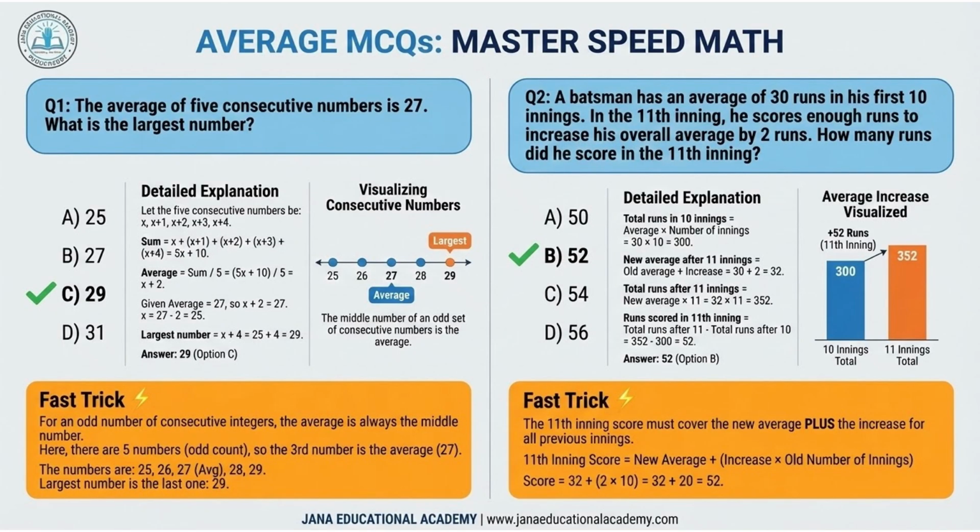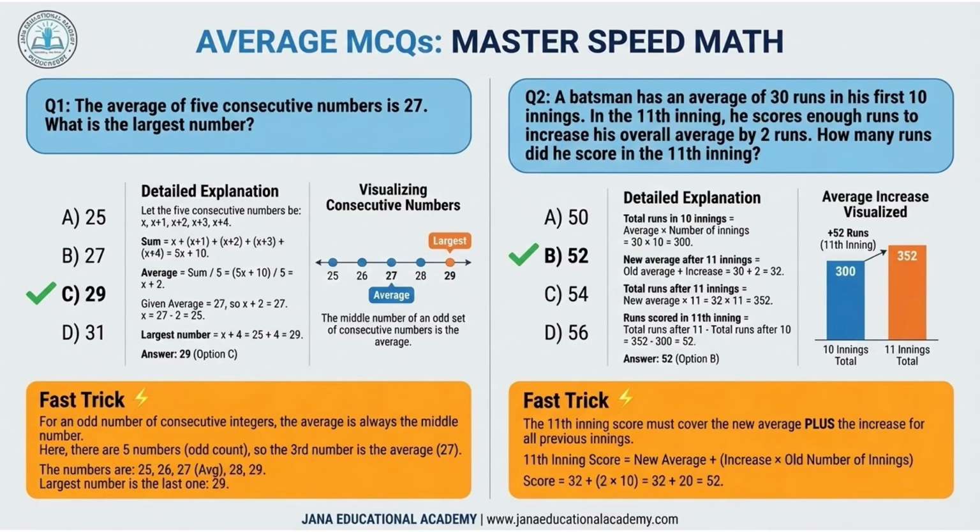Or you can use this method, directly imagining 25, 26, 27, 28, 29, because the middle number is the average number. So if we add that, the largest number will be 29 here.